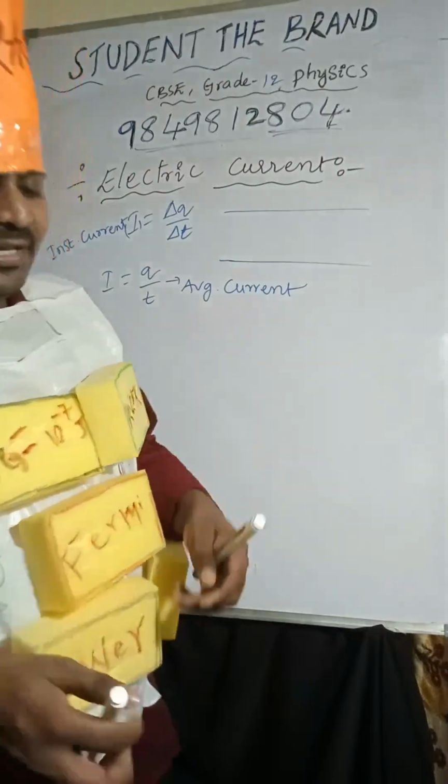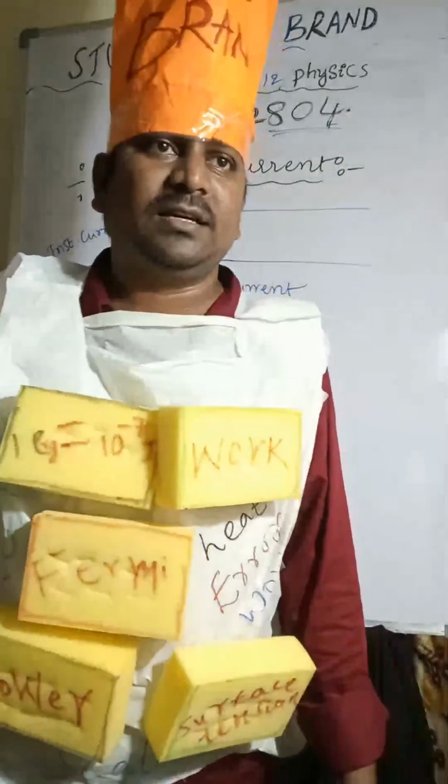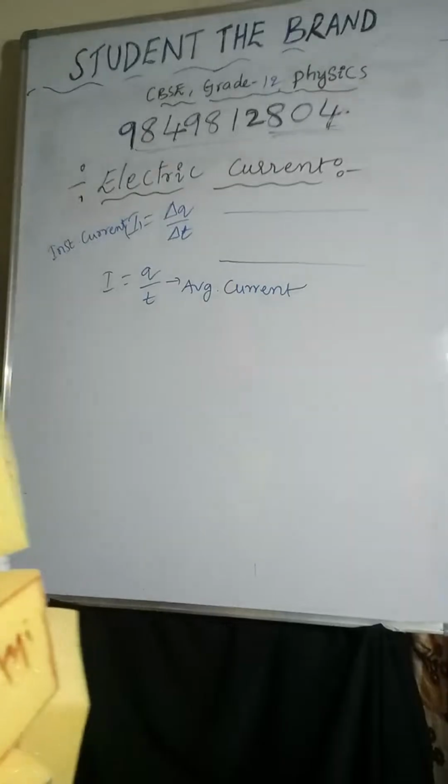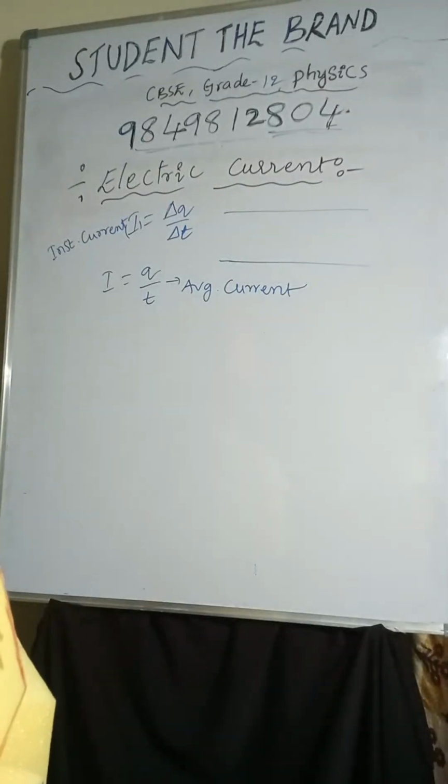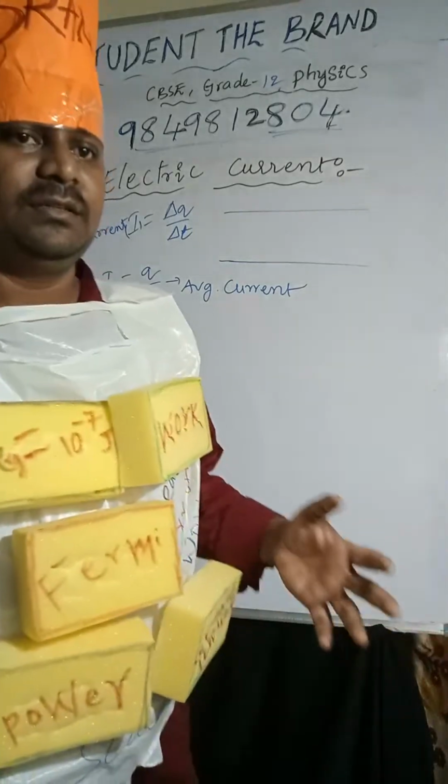So what is the meaning of instantaneous current and average current? Instantaneous current is nothing but the current at a particular instant.